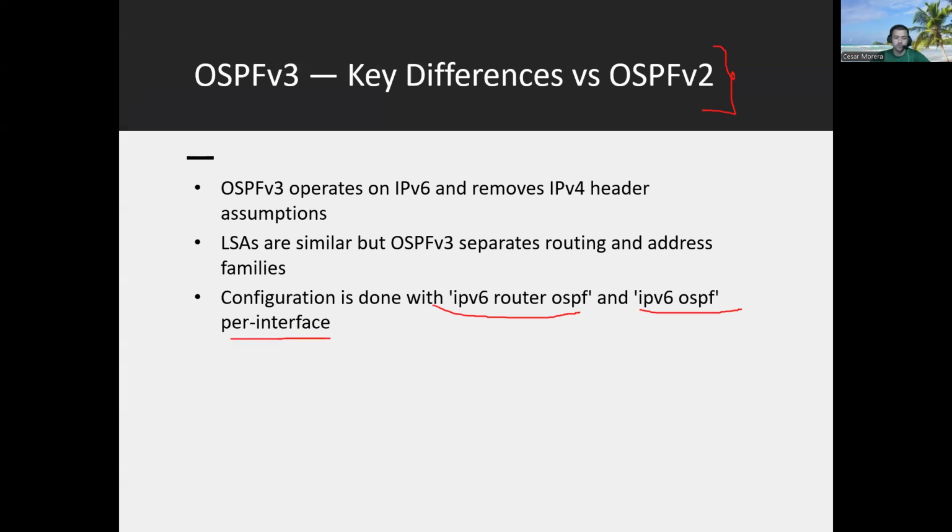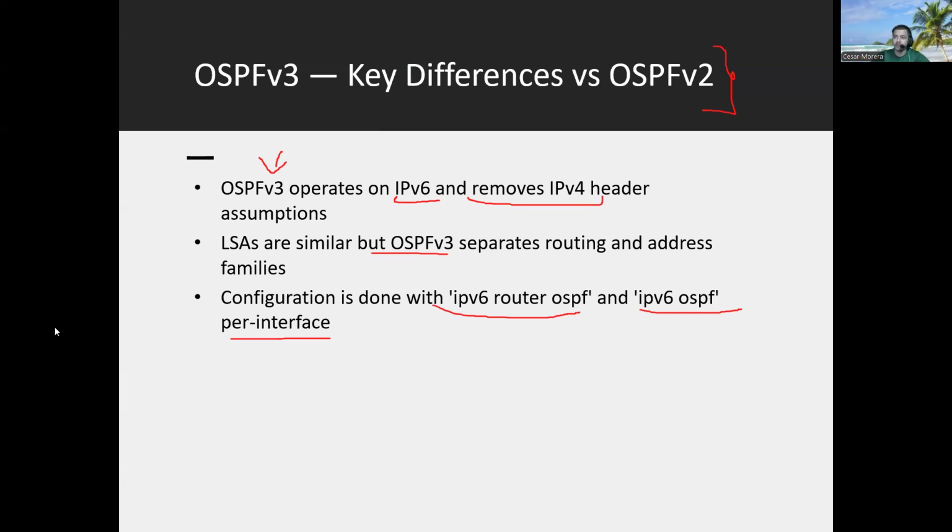So we have those options. That operates on IPv6 and removes the IPv4 header. That's OSPF version 3. The LSAs are similar, but OSPFv3 separates routing and address families. And finally, the last one is that the configuration is done with the ipv6 router ospf and ipv6 ospf per interface.